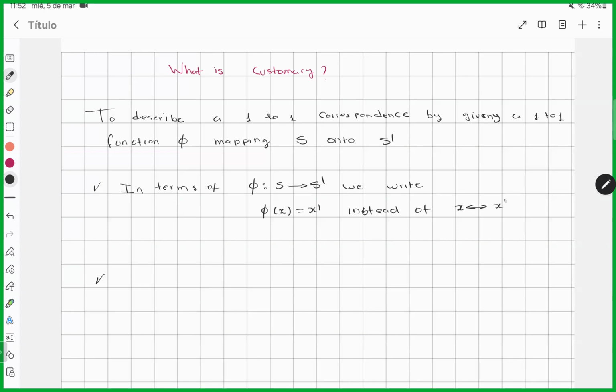And also, we write phi of x asterisk y equals phi of x asterisk prime phi of y, instead of the correspondence.